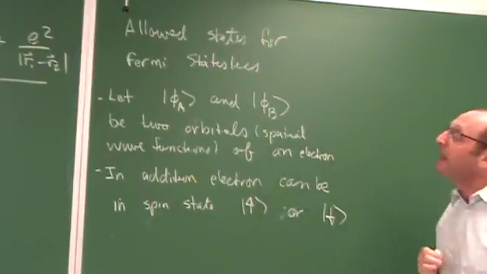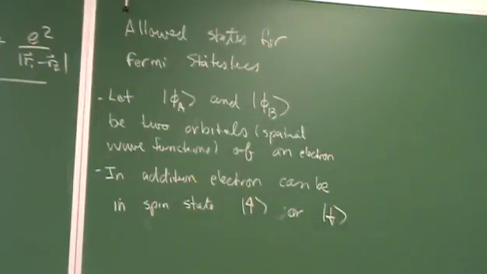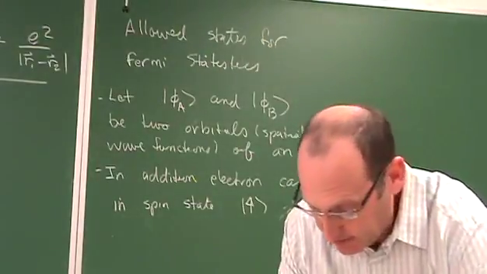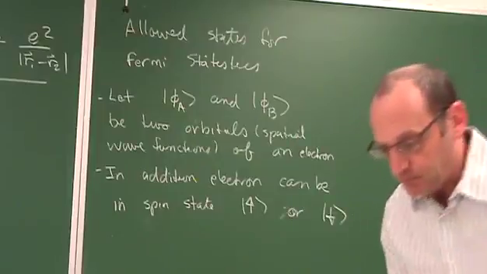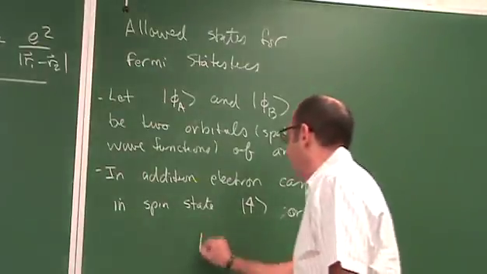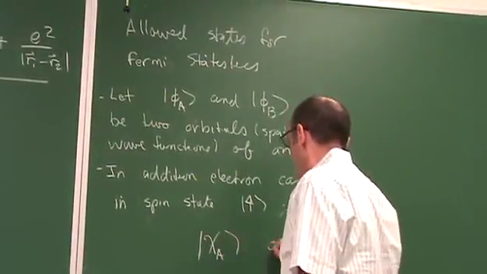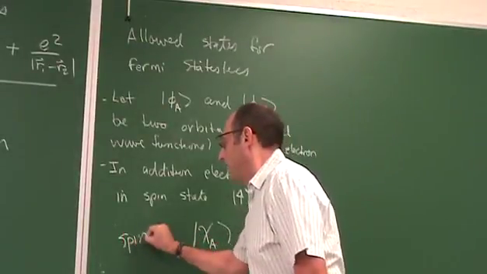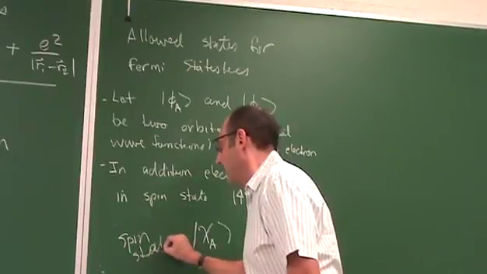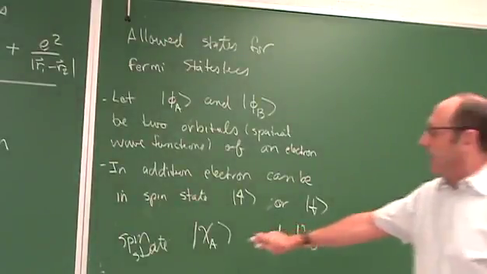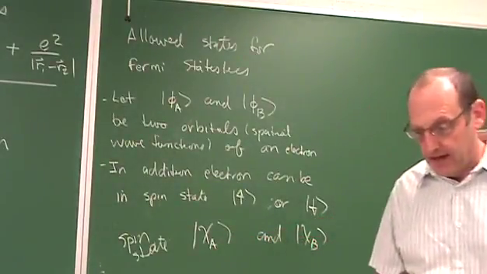That will determine a basis restricted to this spatial orbital space, right? So let me let chi A and chi B be the spin states. I'm not telling you whether the chi is up or down. It's just that one of these electrons is in state chi A and the other is in state chi B.